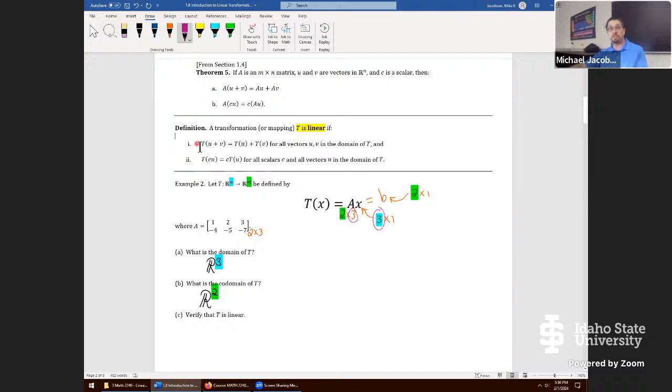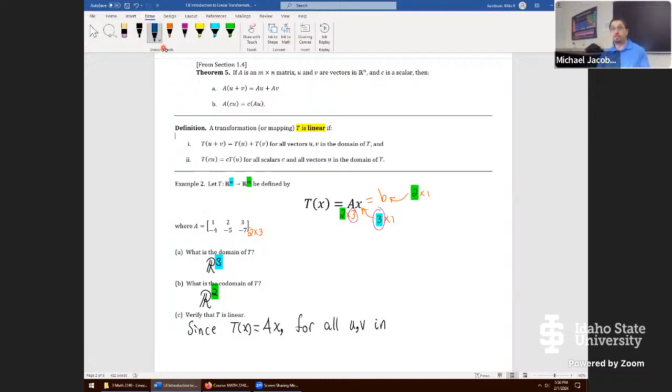It means one of these two properties would have been broken, and we'll be looking for a counterexample on how it broke. So to show T is linear, we just have to observe, since T of x equals Ax, for all u, v in R3.